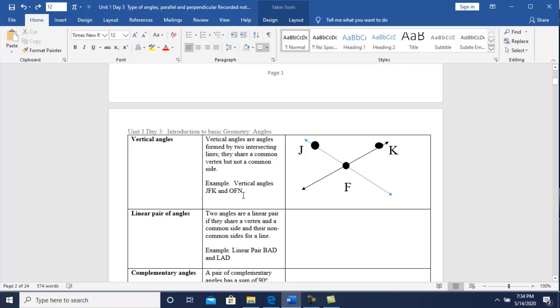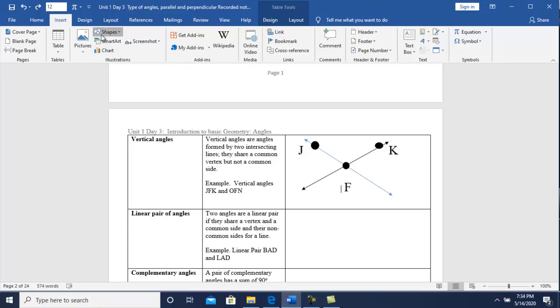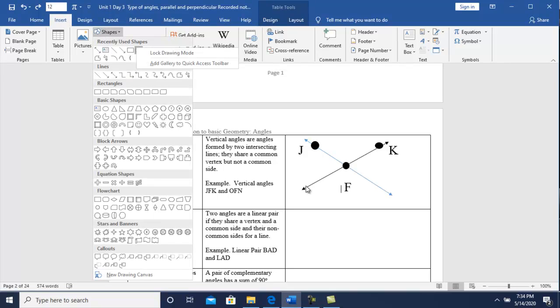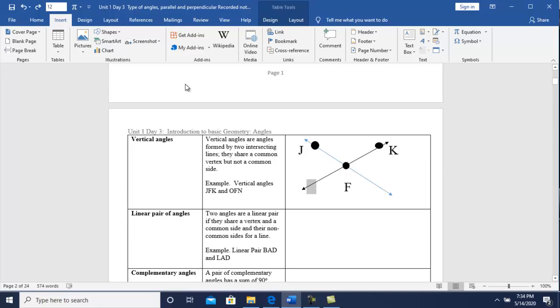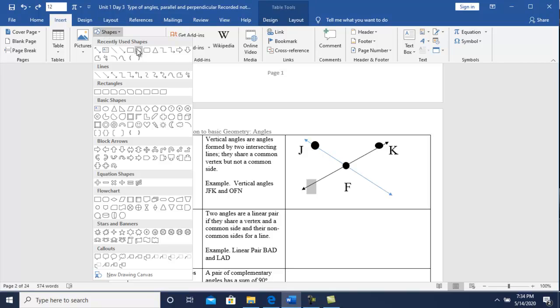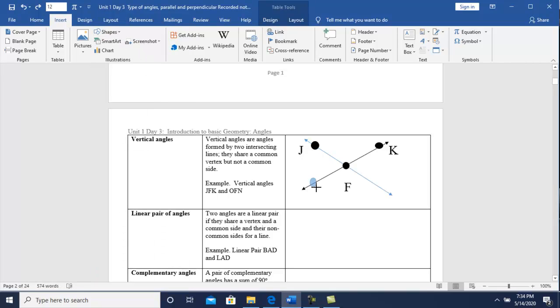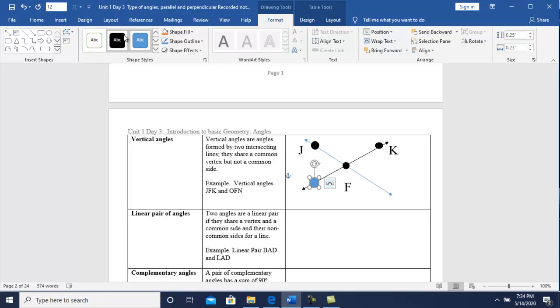Alright, and then the other letters are going to be OFN. So let's get two more points. So there's a point here. Whoops, made a mistake there. And one more time.